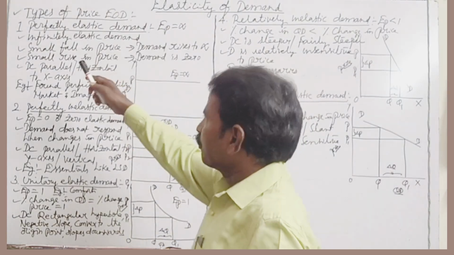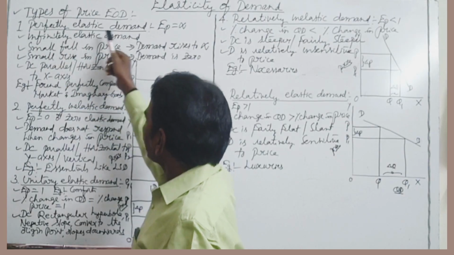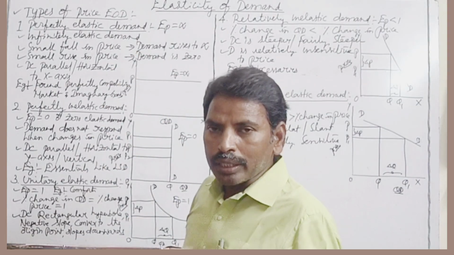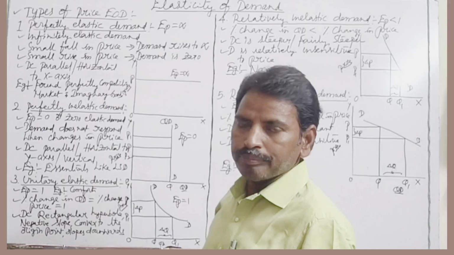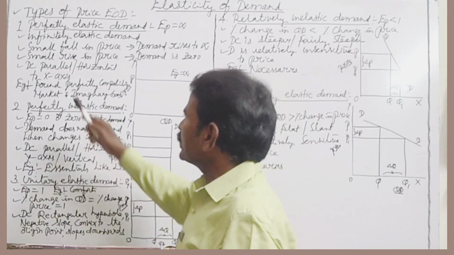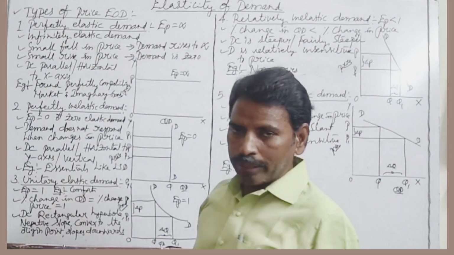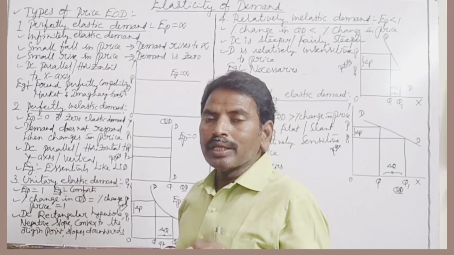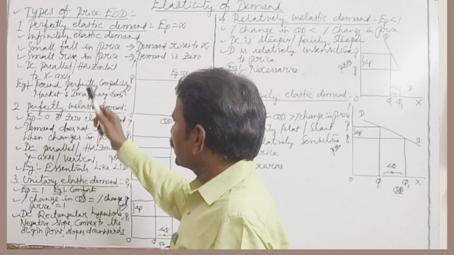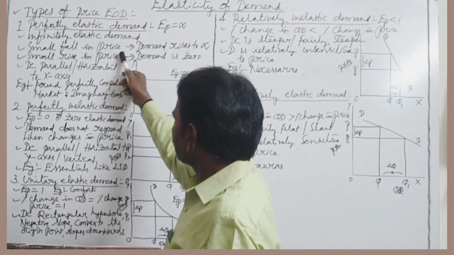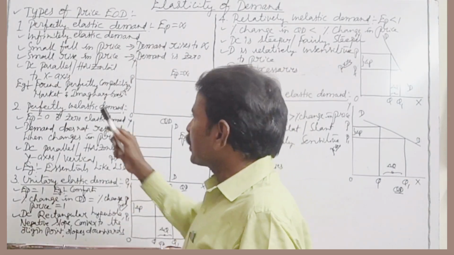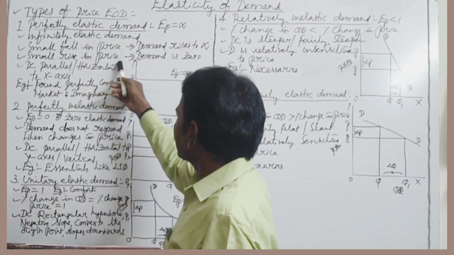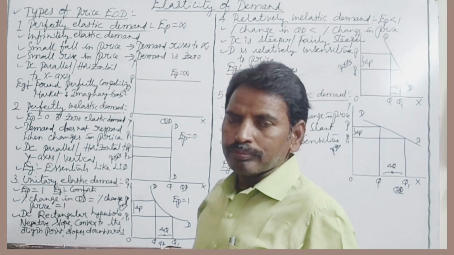Number 1, perfectly elastic demand. EP is equal to infinity, also known as infinitely elastic demand. Perfectly elastic demand means a small fall in price, demand rises to infinity, and a small rise in price, demand is 0.